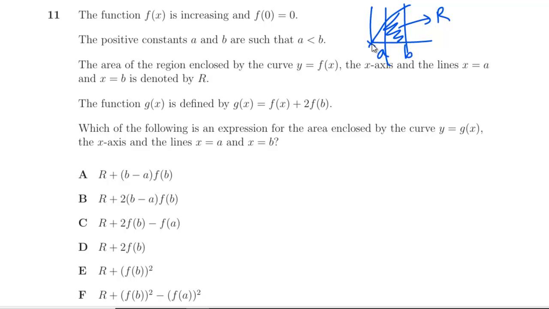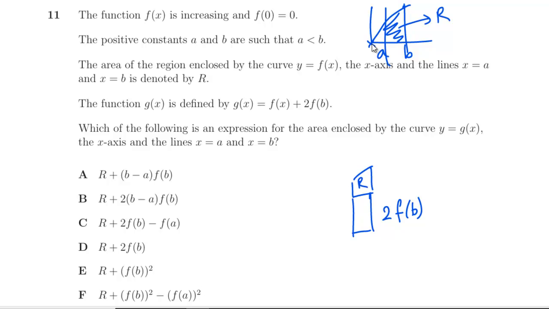Okay, function g of x is defined by g of x is f of x plus 2f of b. So f of b is this. So we're going up by a certain amount, two lots of that all the way along. Which of the following is an expression for the area enclosed by g of x, the x-axis, and those two lines? Right, so we've shifted everything up. We've got some area r that we've then moved up by two lots of f of b.